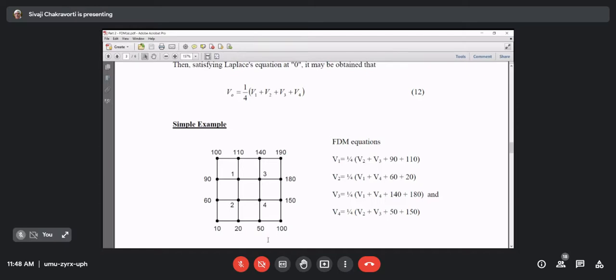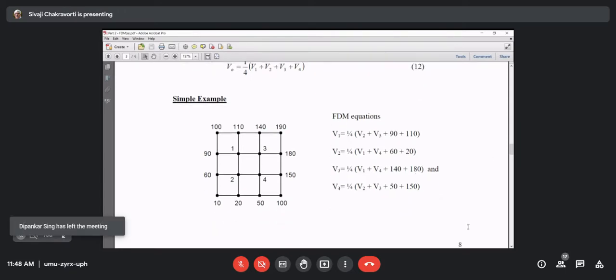If you take the node 2, V2, then V4 and 60 are V1 and V3 in the x direction, and V1 and 20 are V2 and V4 in the y direction. That's written on the right side. And in the same way, V3 and V4. So I get 4 equations. Now if you look at it, I have 4 equations and 4 variables.